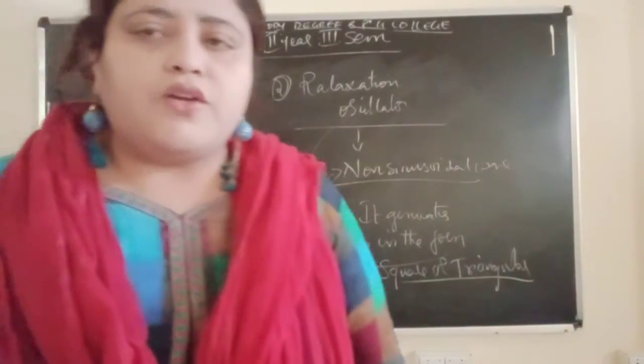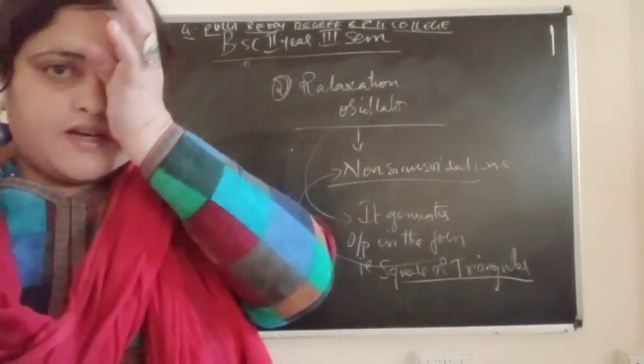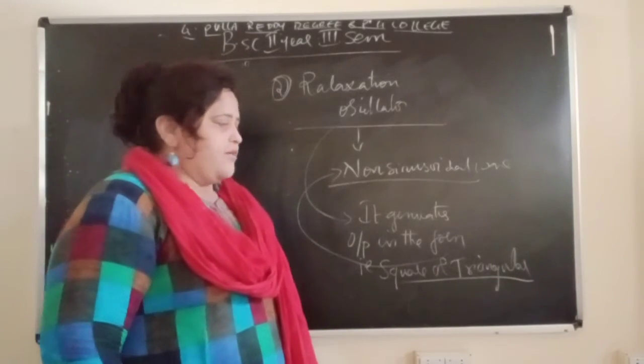So a relaxation oscillator will generate the output in the form of a square wave or triangular wave.